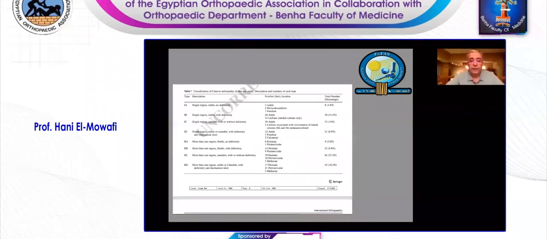The first type is affection of only one region, and the second type is more than one region affected. Each type is divided into 4 subtypes, depending on whether it is stable or unstable, with deformity or without deformity. The final one, D, is deformity with or without mechanical ulcer.